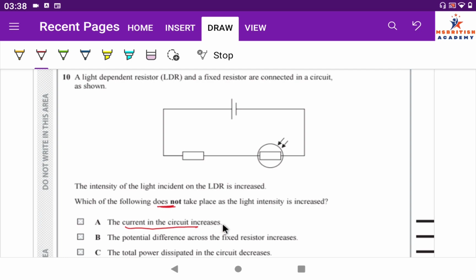So this statement is right, but we have to mark the wrong one, so you can indirectly say this is not the right answer.